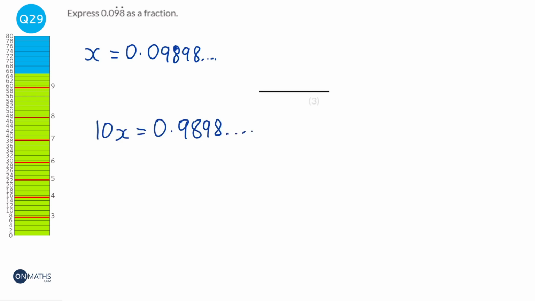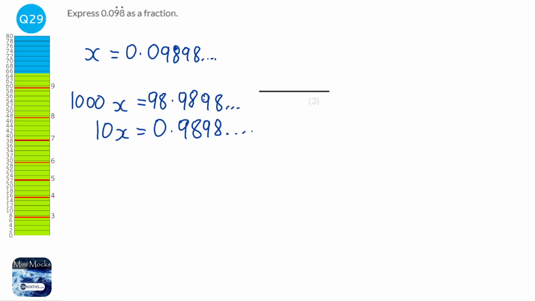And we want the repeating pattern to also be in front of the decimal point, so just the digits that repeat. So if we did 100x, it would just be the 9, so we need to do 1000x. And that will give us 98.9898 and so on.